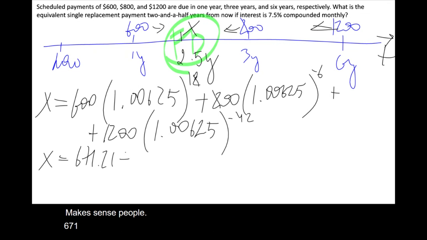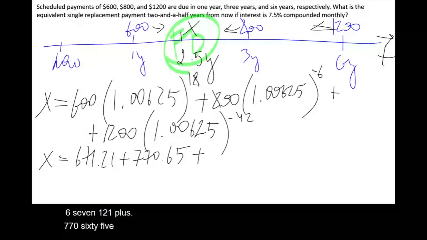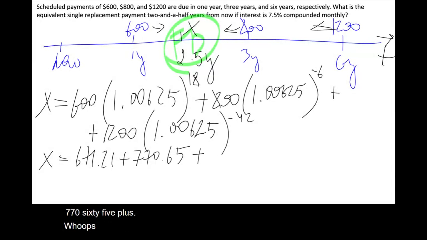671.21 plus 770.65 plus, oops, times 1200, 923.71.